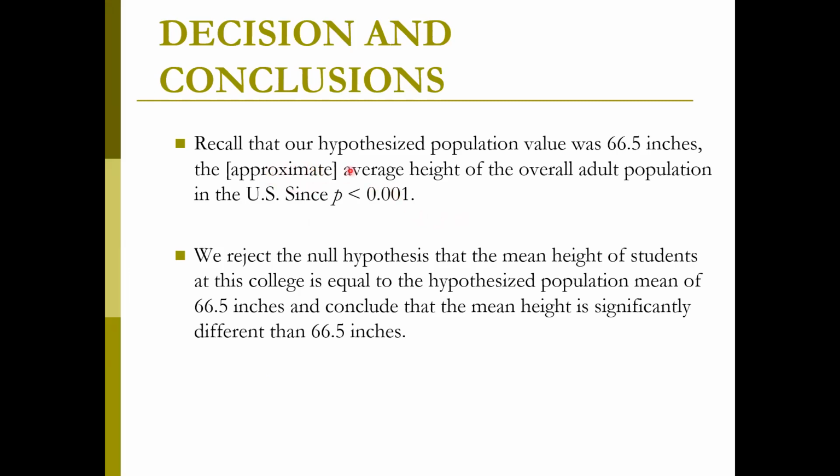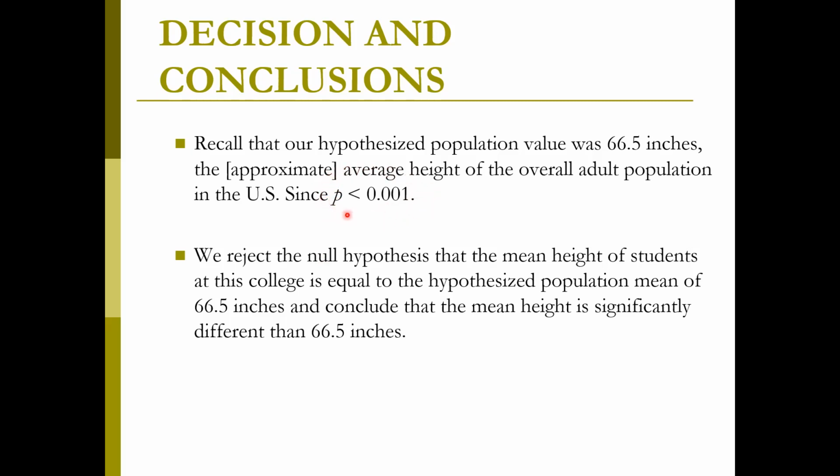So I say, recall that our hypothesized population value is 66.5 inches, approximately the height of the overall adult population in the US. Since our p-value is less than 0.01, what do we do? We reject the null hypothesis. Remember, the null hypothesis is saying it is equal. The alternative is saying it is not equal. We found out that the p-value is significant.